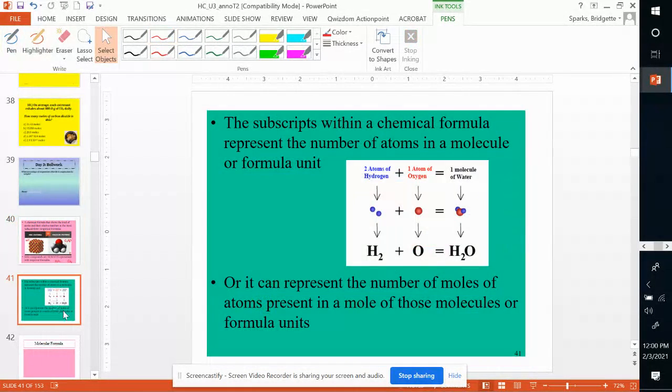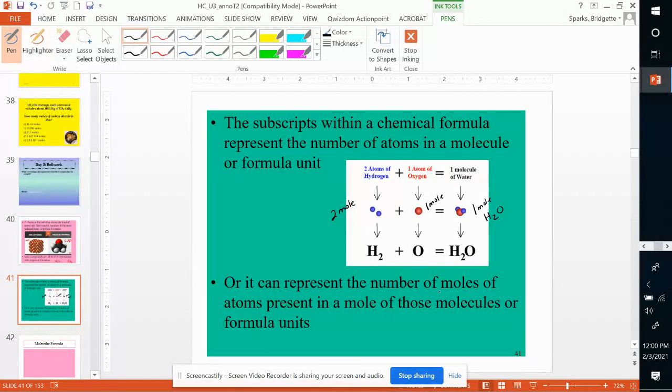Now, what do those subscripts stand for? Well, they can stand for a few things. If I was talking about this reaction where 2 atoms of hydrogen in molecular form combine with a single atom of oxygen to make 1 molecule of water, right? But those numbers don't just represent number of atoms. We can just as easily say 2 moles of hydrogen will interact with 1 mole of oxygen to make 1 mole of water.